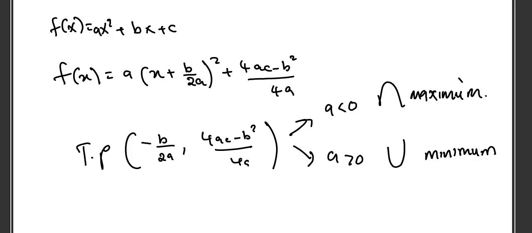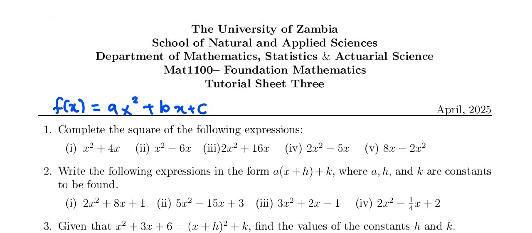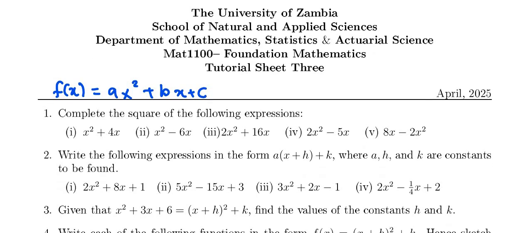Now the first question is completing the square. I'll pick the first one and the last one from question 1. The first one is x squared plus 4x.